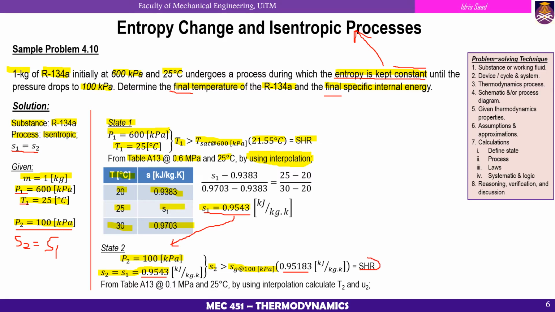So state 2 is also in the superheated region, equivalent to state 1. From this, we go to table A13, 0.1 megapascal, and from that we can interpolate to calculate the answers for T2 and U2.